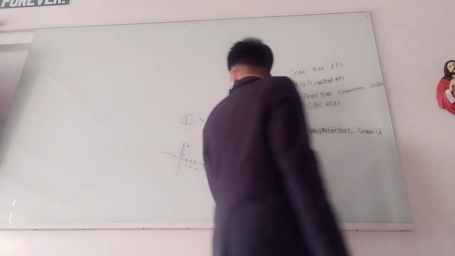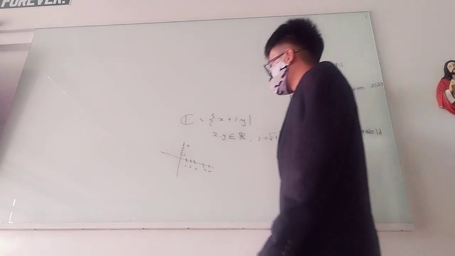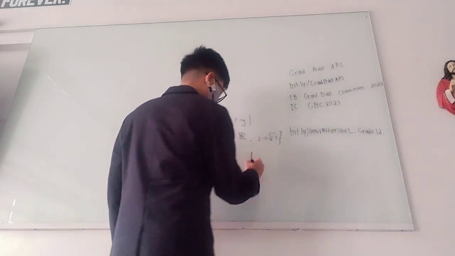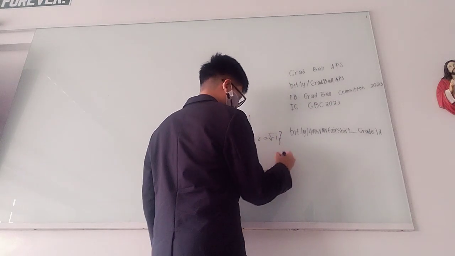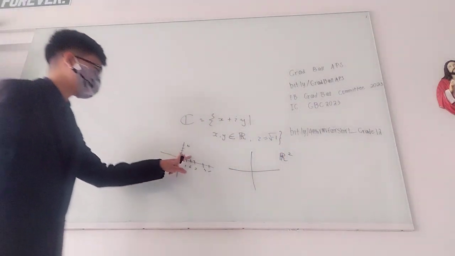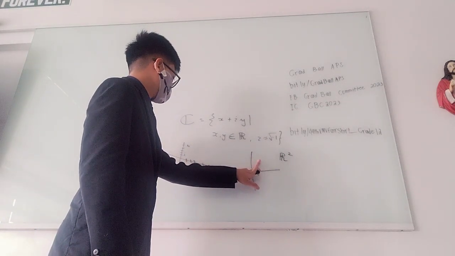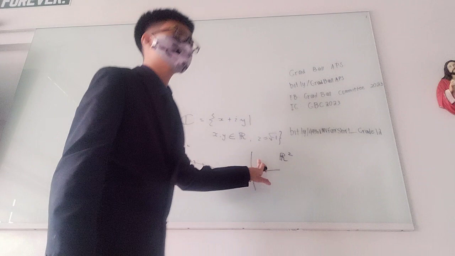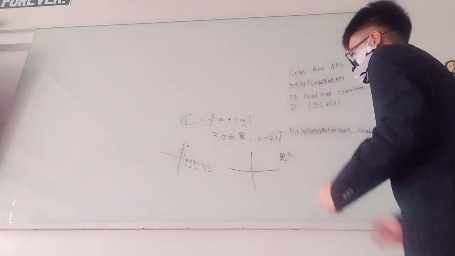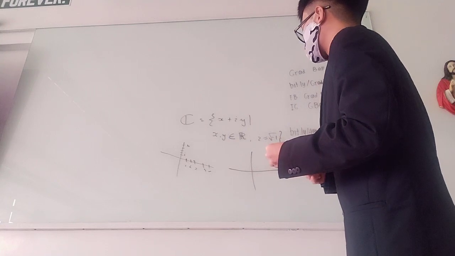Now, we can't really project this onto R2. So this is R2 here. There's really no projection we can make from this to here. Though I believe there is some projection, but it's not very clean, and it may be discontinuous.